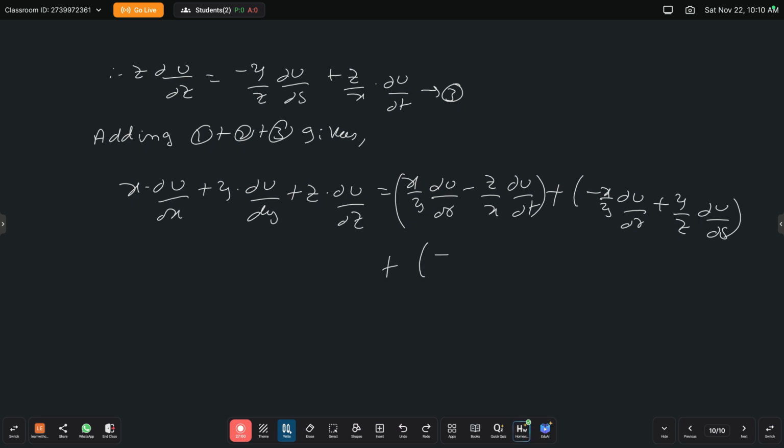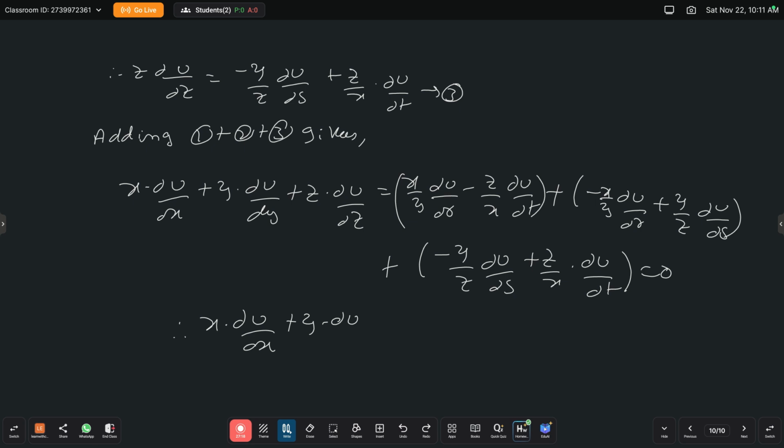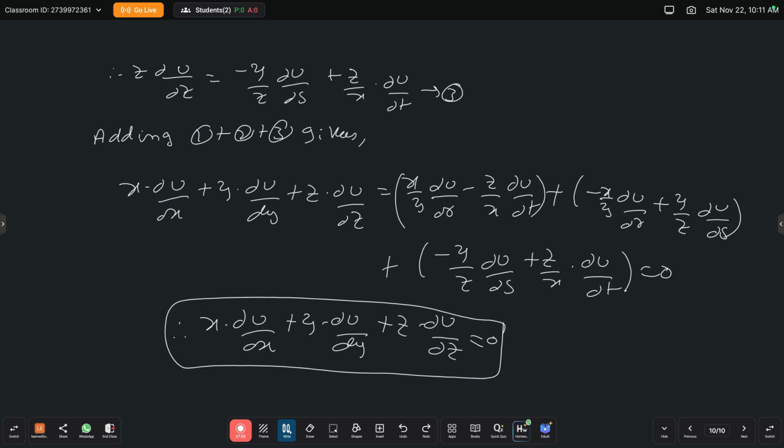Now the third equation, minus y by z dou u by dou s plus z by x dou u by dou t. All are cancelled, that is equal to 0. Therefore, x into dou u by dou x plus y into dou u by dou y plus z into dou u by dou z equals 0. So this is the total partial differential coefficient using the chain rule. Okay, thank you everyone.